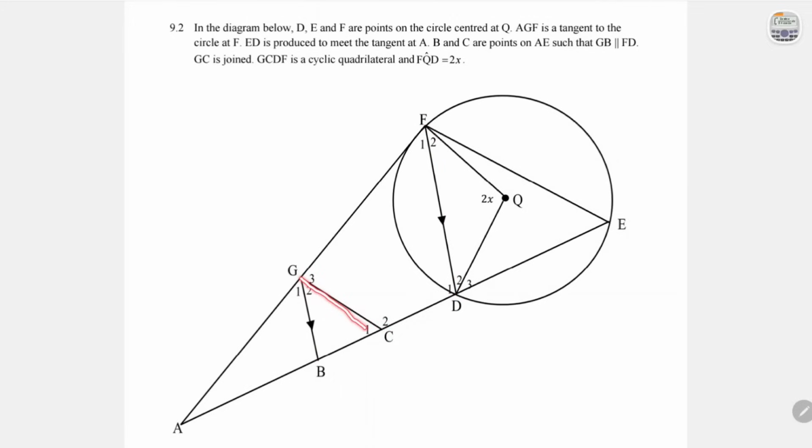GC is joined. And then they tell us that this shape over here, GCDF, is a cyclic quadrilateral. This shape is not in the circle, but it is a cyclic quad, so we can use cyclic quad properties on this. I'll highlight this shape.